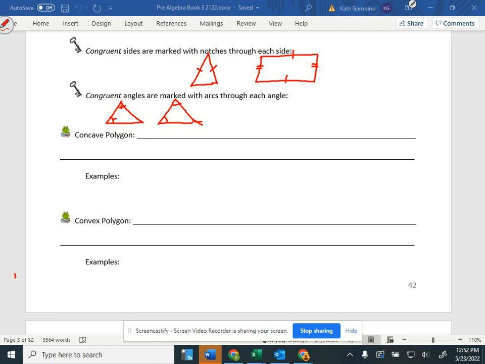So concave means it's caving in. Let's look at the technical definition.